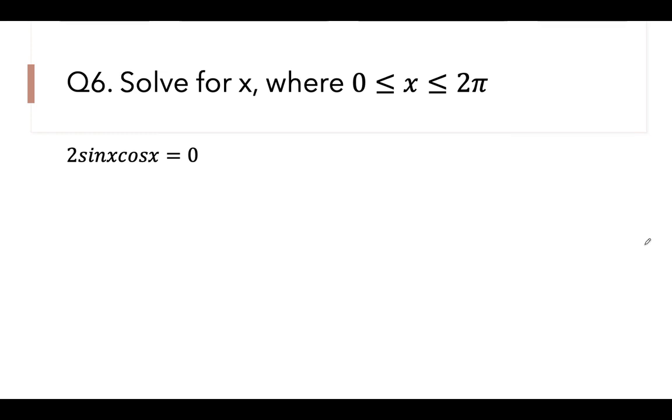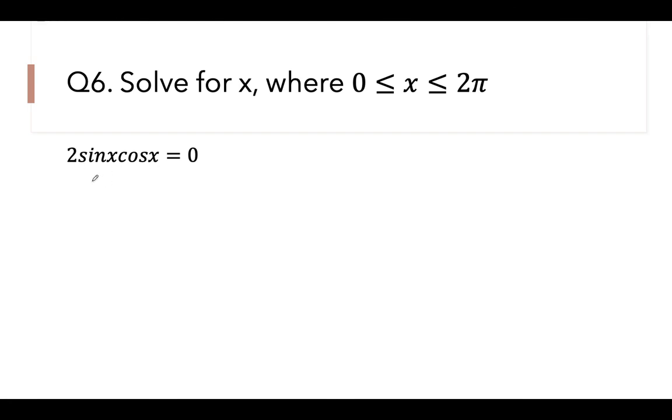Okay, last question. We're given 2 sine x cos x equals 0. There's not much you can do to sine and cosine because they're already primary trig ratios, so see if you could replace this using any identities we studied, like the compound or double angle formula.